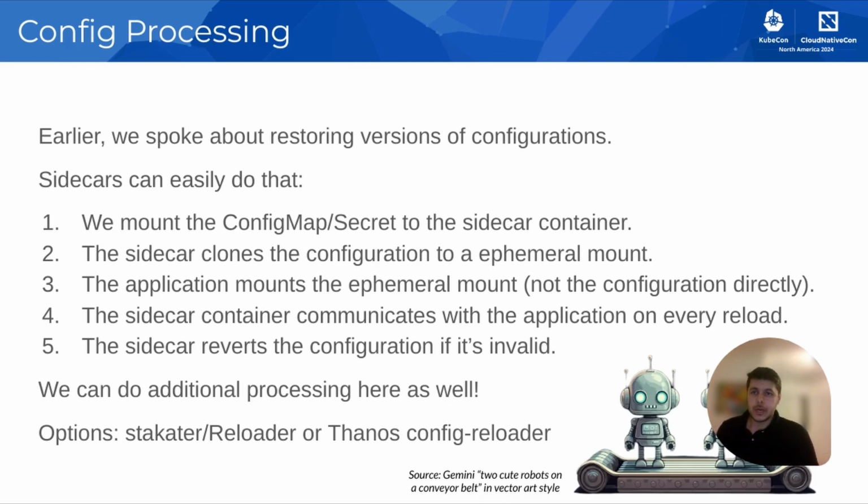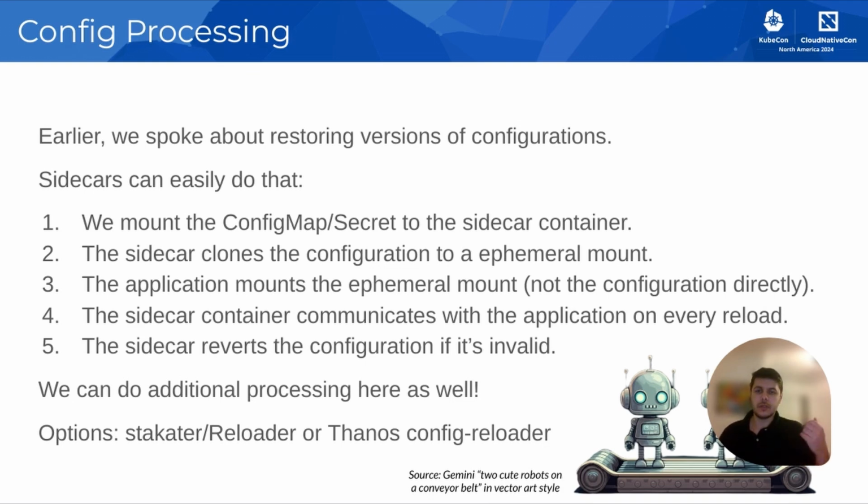To recap on how the sidecar works, the sidecar just listens to the config map, and it clones it into a temporary disk called an ephemeral disk, an ephemeral mount, and that gets mounted onto the actual application. And so you can use this to do all sorts of processing.